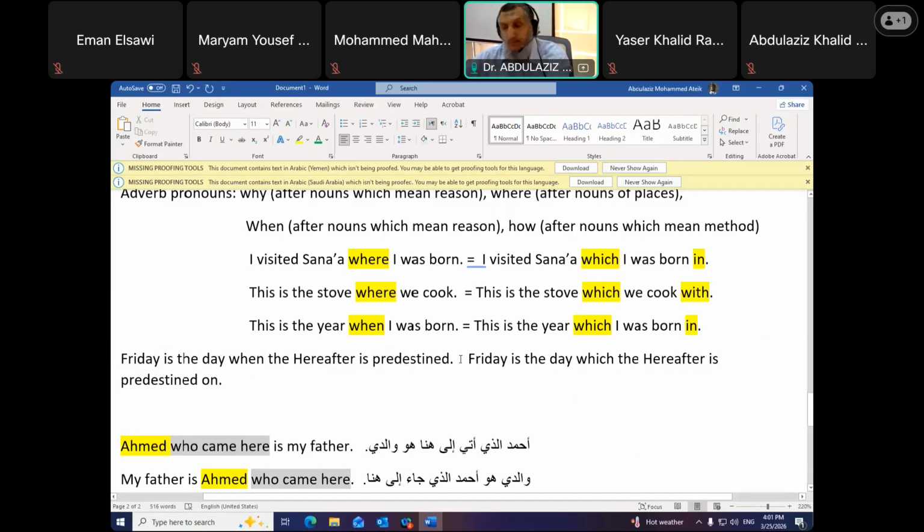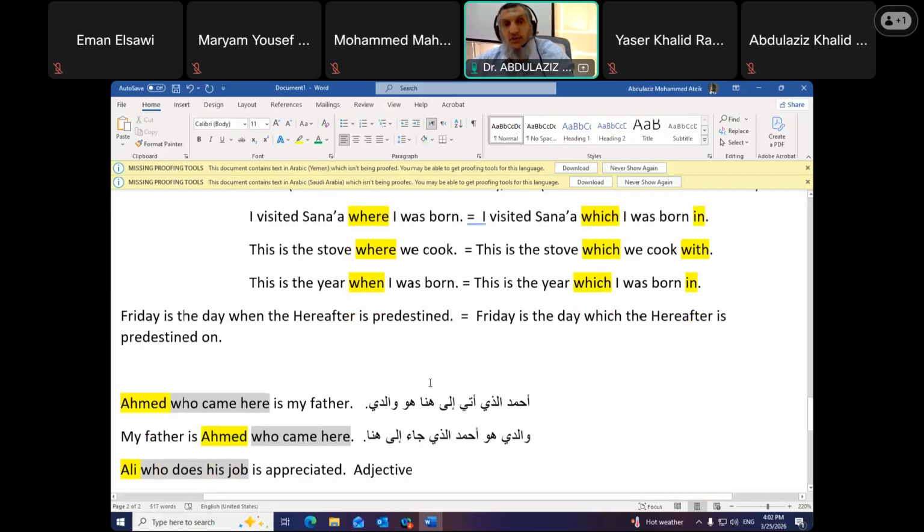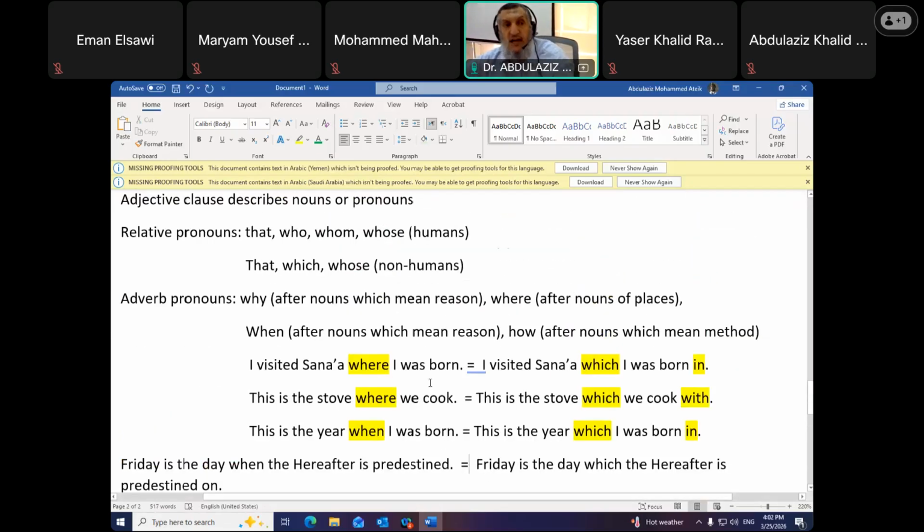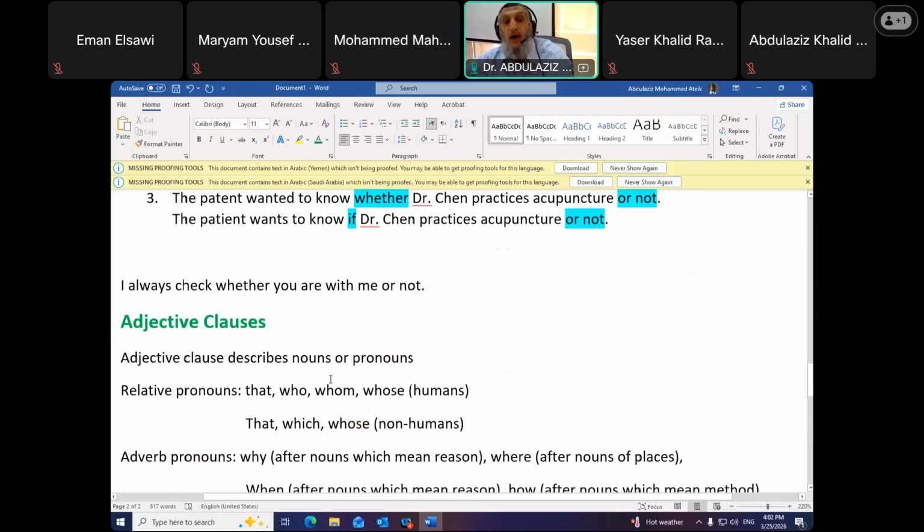Okay, so this is how we use relative pronouns. We use them after the nouns they mean, after the words that have the same meaning. Okay, so this is all about relative adjective clauses.